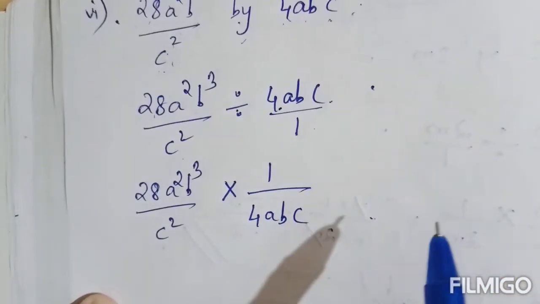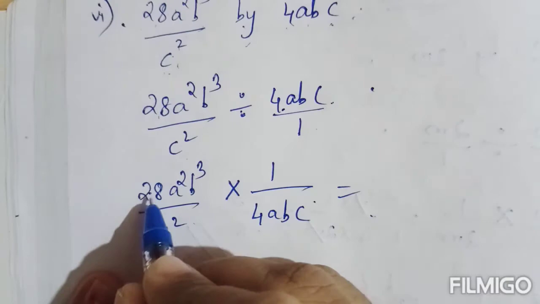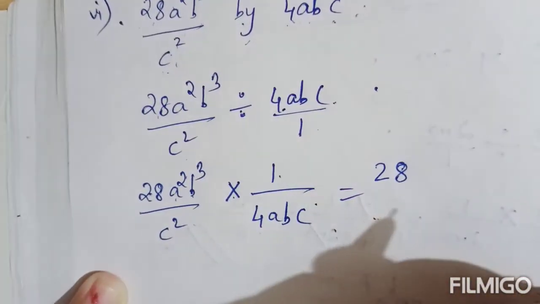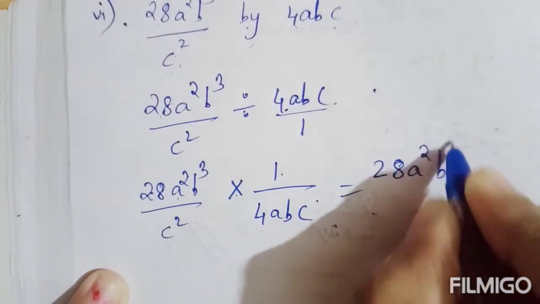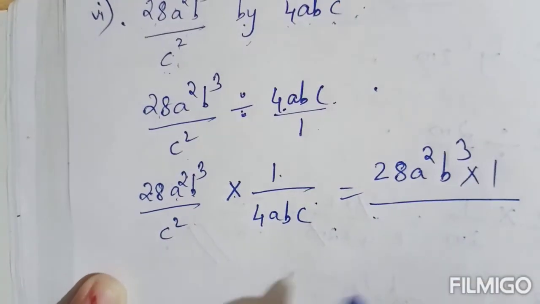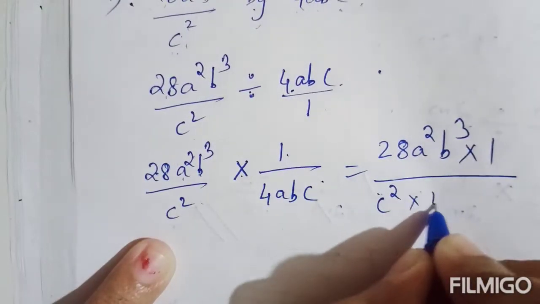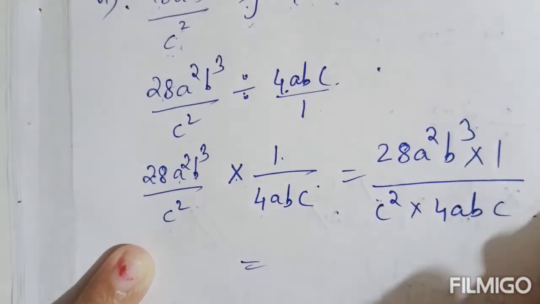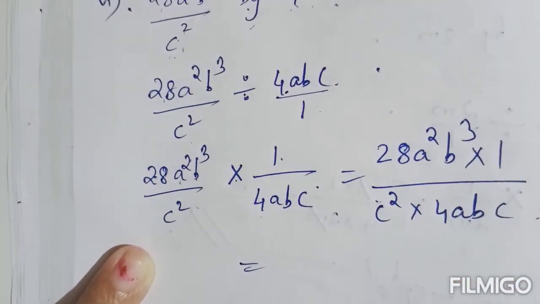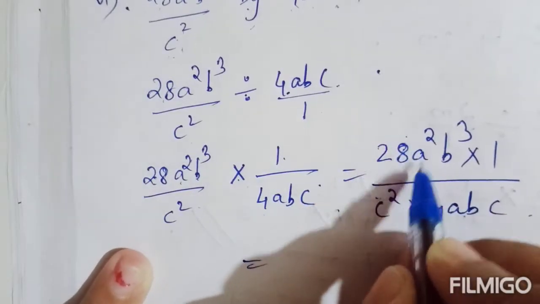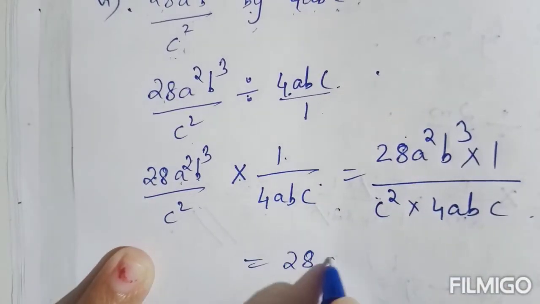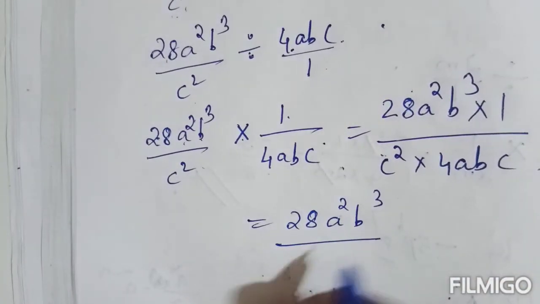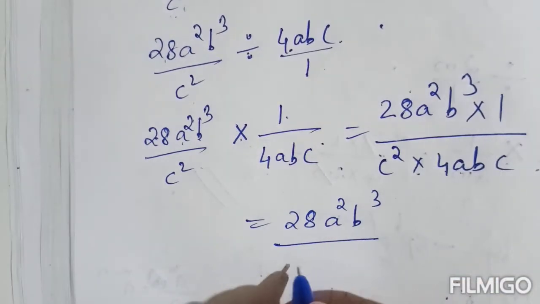Now multiplication of two fractions: product of numerator by product of denominator. 28a square b cube into 1 by c square into 4abc. So we know any number into 1, you will get that number itself. x into 1, x. 5 into 1, 5. Similarly, 28a square b cube into 1, you will get 28a square b cube by c square into 4abc. We can write like this.